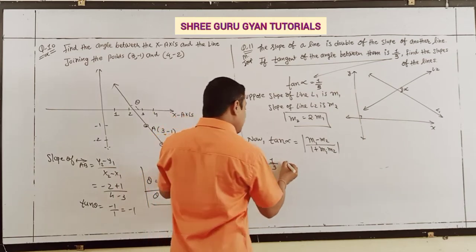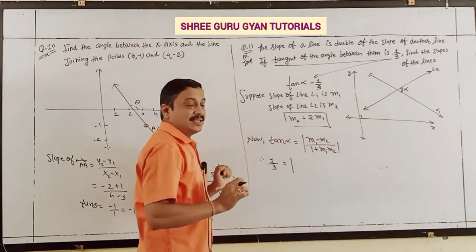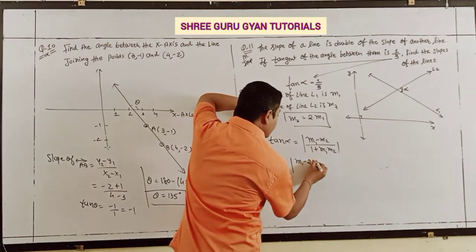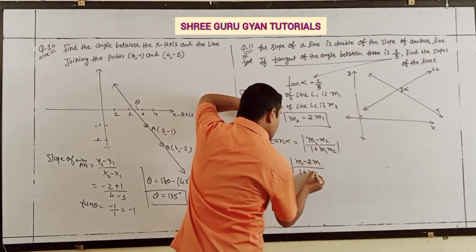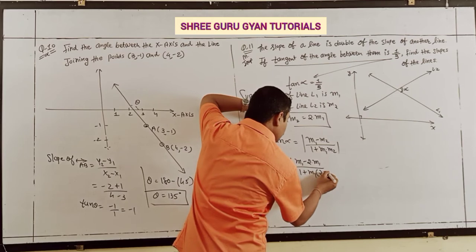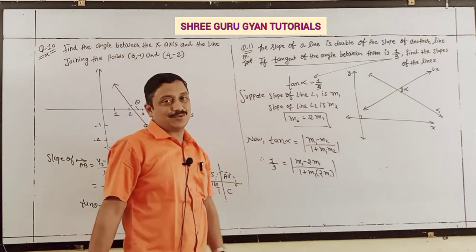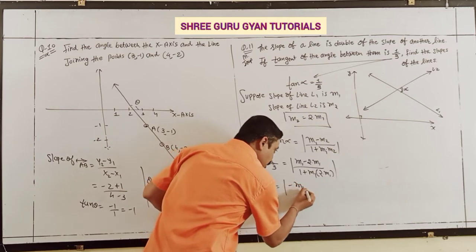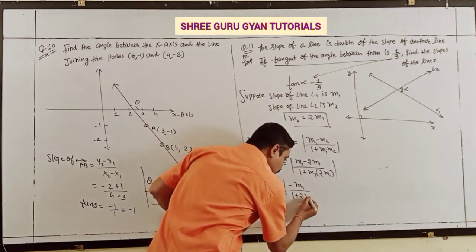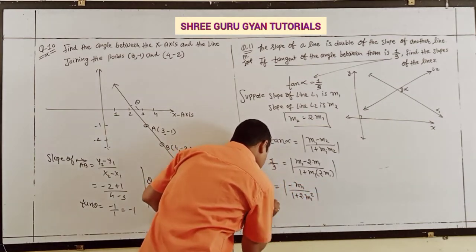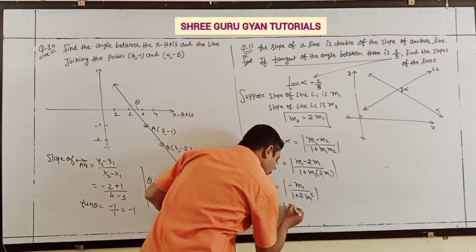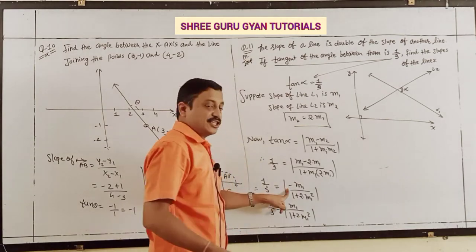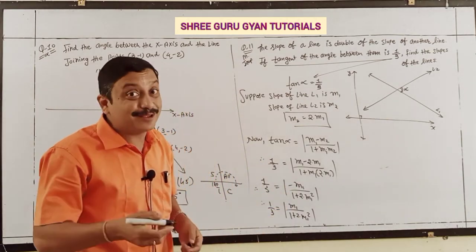Here m2 is 2m1. So we get 1/3 equals (m1 minus 2m1) upon (1 plus 2m1 square), which finally gives m1 upon 1 plus 2m1 square. Students, here the value is minus, so I will take plus in magnitude.